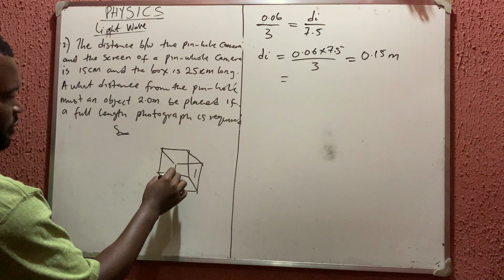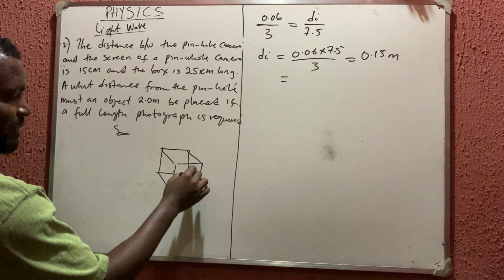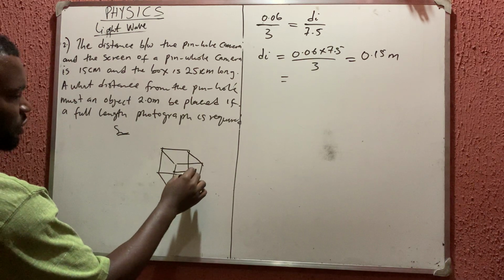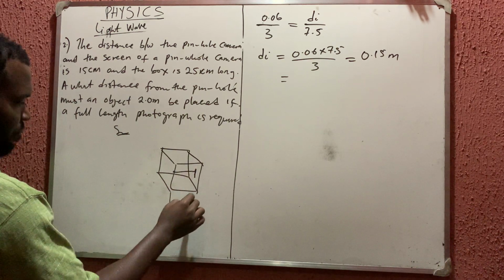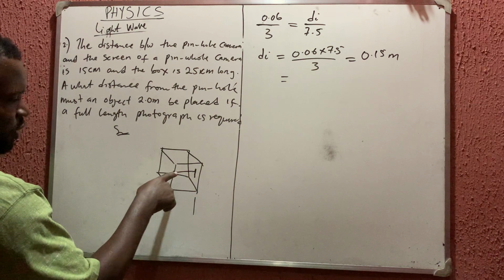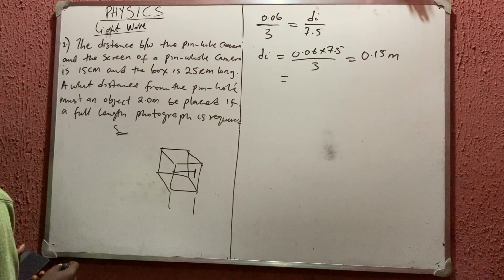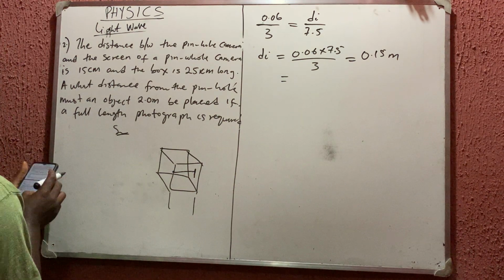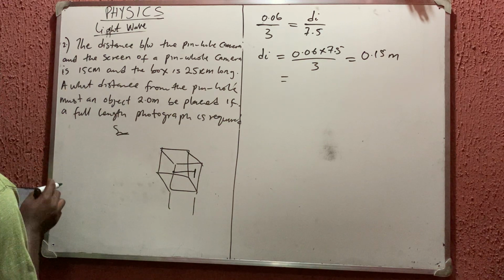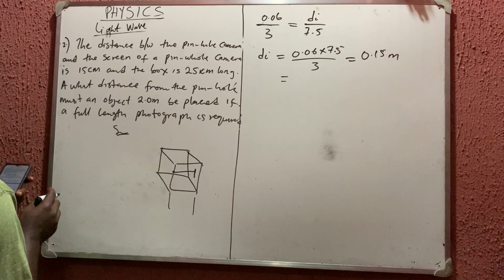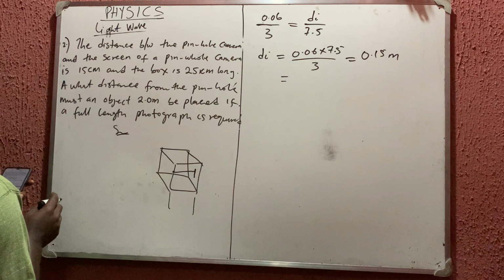The image is formed at the screen. This is the pinhole. So the distance between the image and the pinhole is called the image distance. So they have given us the image distance as 15 cm.